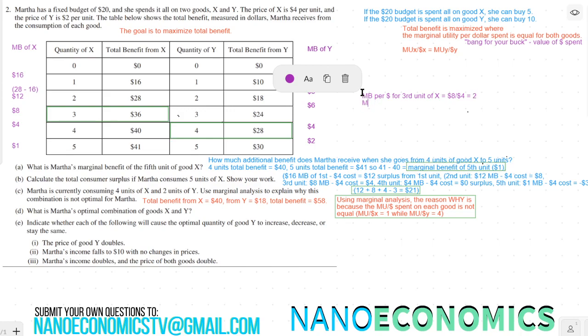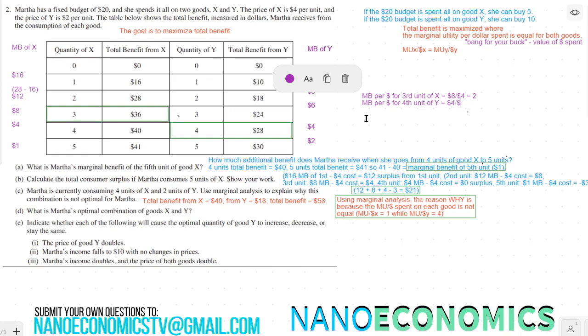And marginal benefit per dollar for the 4th unit of Y is, we're going from 3 to 4 units, so our total benefit increases by $4.